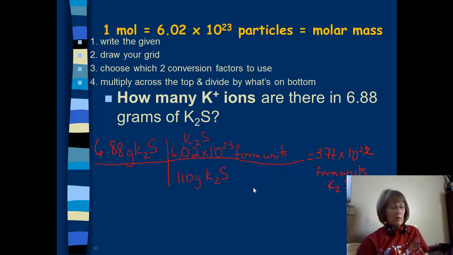So take your number, 3.77 times 10 to the 22, and then times 2. And it looks like we've got 7.54 times 10 to the 22 potassium ions. Okay, did you guys see that?